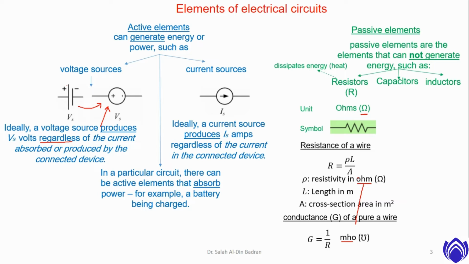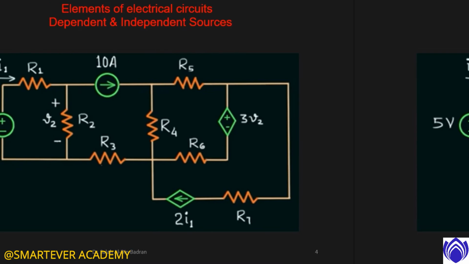The symbol is the same, you just flip the resistance symbol vertically. This is mho. Another way to measure conductance is Siemens, capital S.